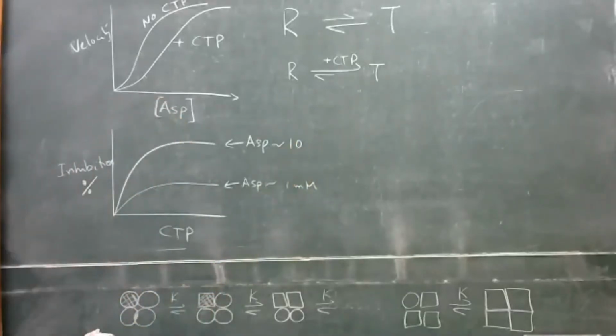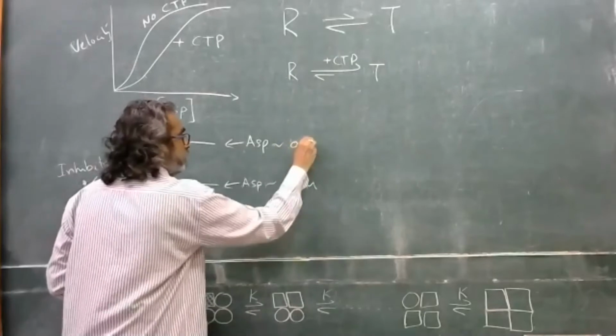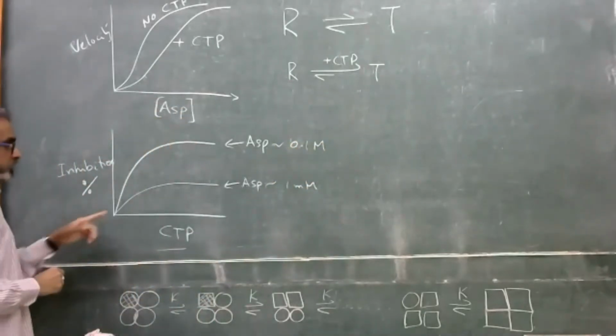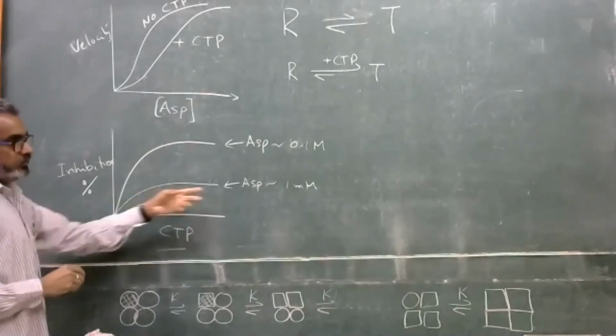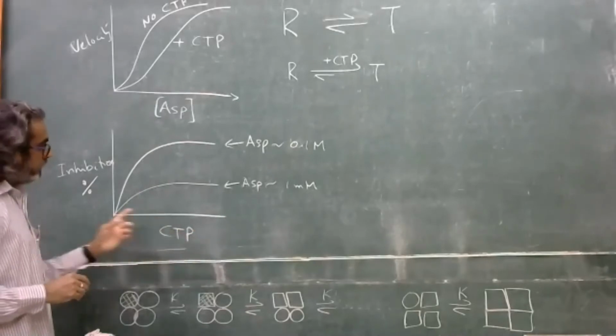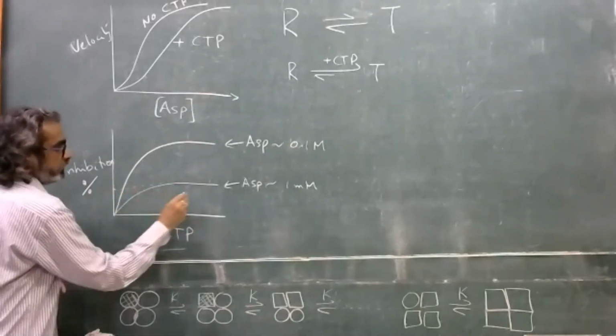Aspartate should be higher. Now we are plotting inhibition, so inhibition is less. So let's say this reaction where your substrate is 1 millimolar. If you add more and more CTP, the inhibition is higher, but it will not saturate at 100%.